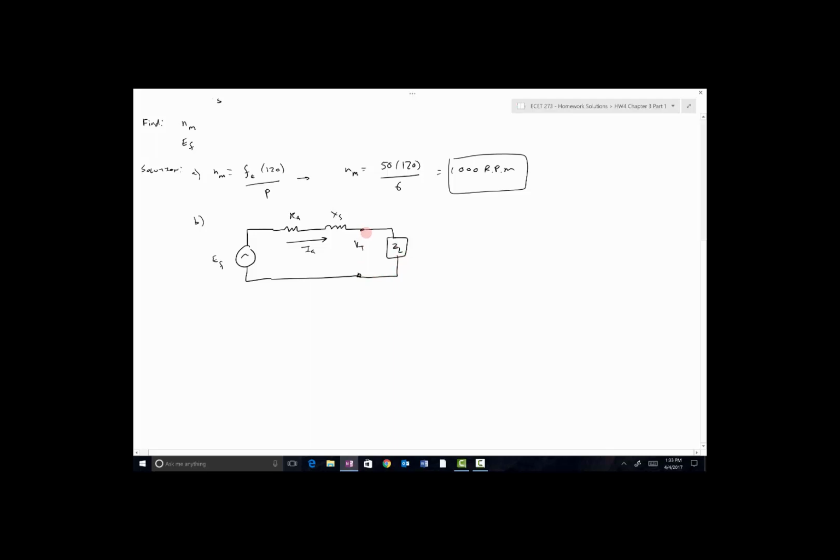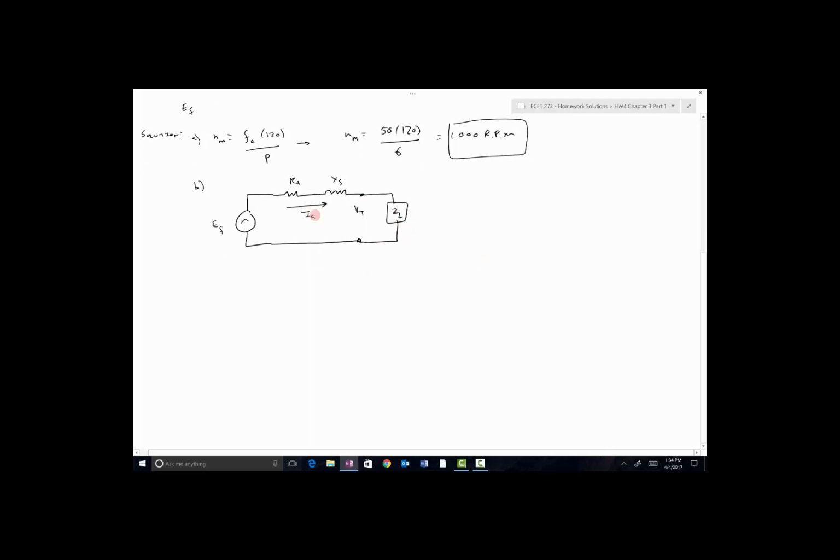So that's the circuit diagram. We have a couple different phasor diagrams depending on the relationship between I sub A and V sub T, and V sub T is taken as the reference phasor for all of these analyses.